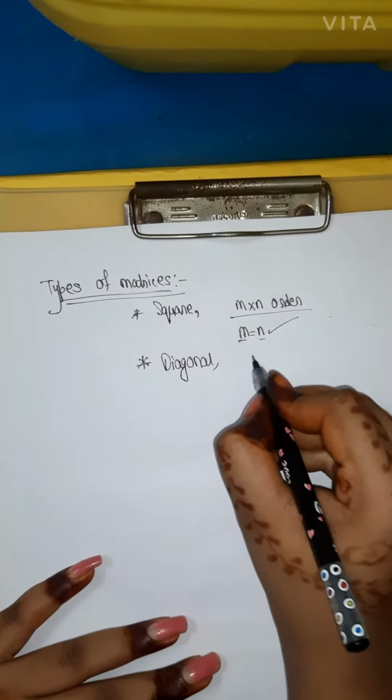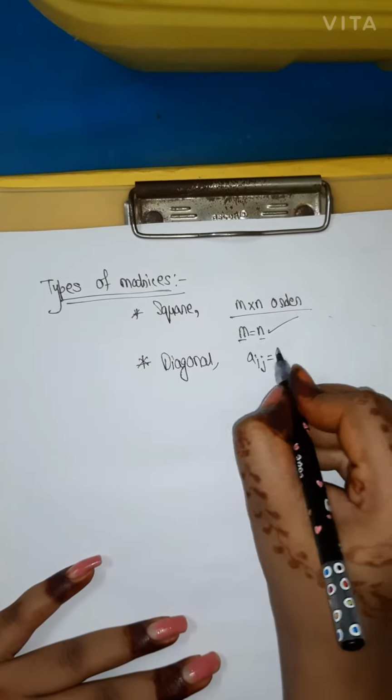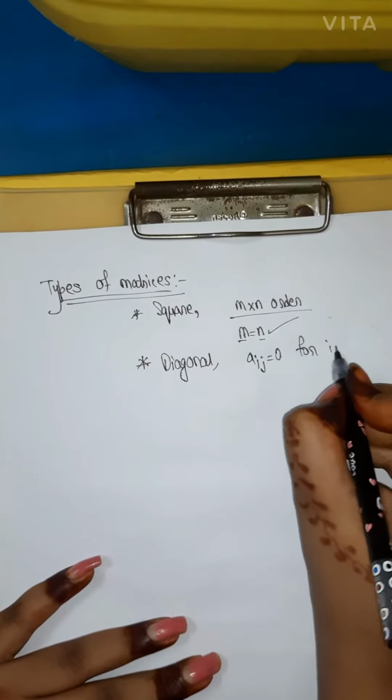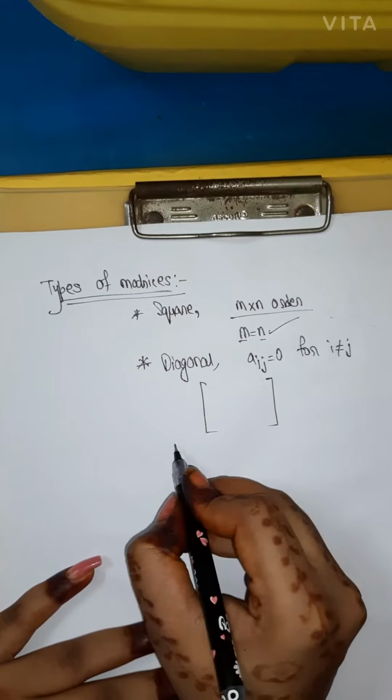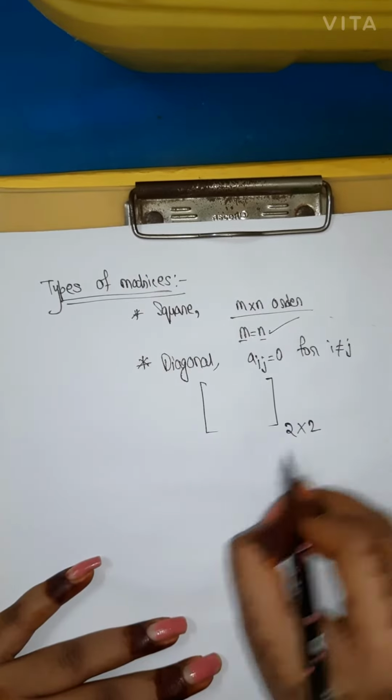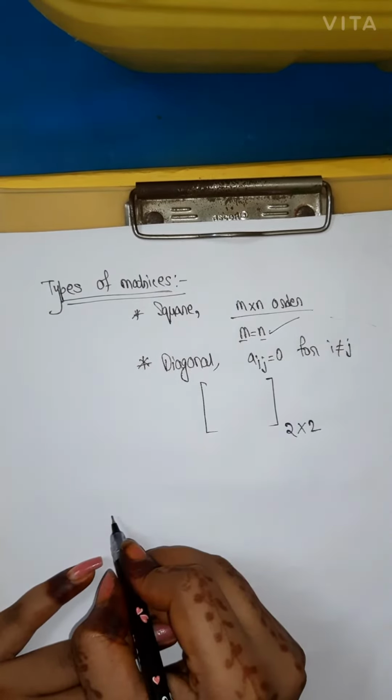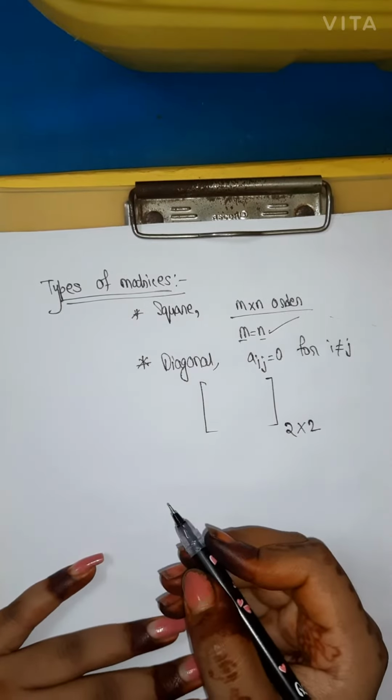So here Aij equal to 0 for all i not equal to j. If I have a 2 cross 2 matrix, let me write some variables as elements.